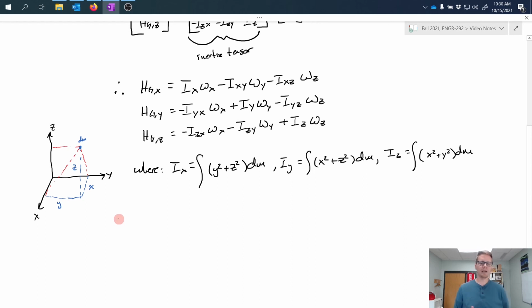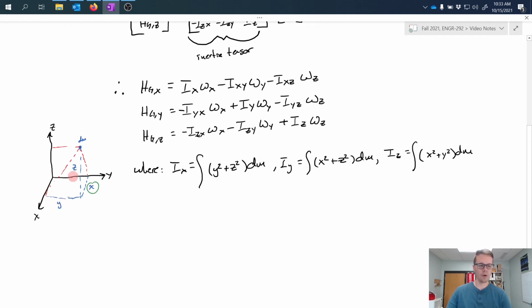Now, to define my products of inertia, I need to think about what I'm actually talking about here. For the products of inertia, I'm looking for the distances to the corresponding planes. So, for example, if I'm looking for the inertial element Ixy, I'm interested in the distance to the yz plane, which would correspond to x, and I'm looking for the distance to the xz plane, which would correspond with y.